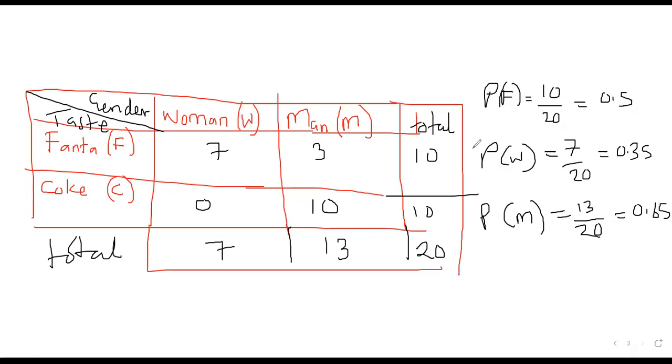Yes, Leah. Sorry, it was a mistake. Probability of Coke. The total for Coke is what? 10 over 20, which is 0.5.